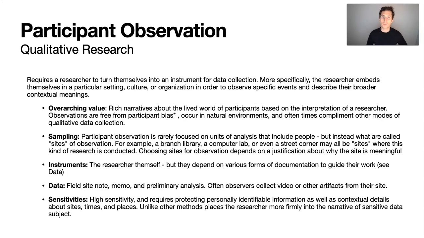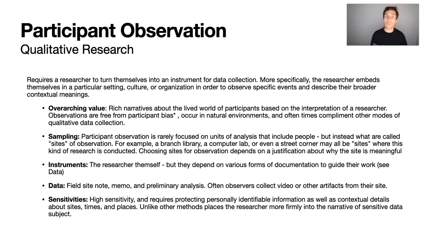Now, the instruments of participant observation are, as we said, the researcher themselves. But this doesn't mean we approach this haphazardly in terms of recording and documenting the observations that we make. Quite the opposite.